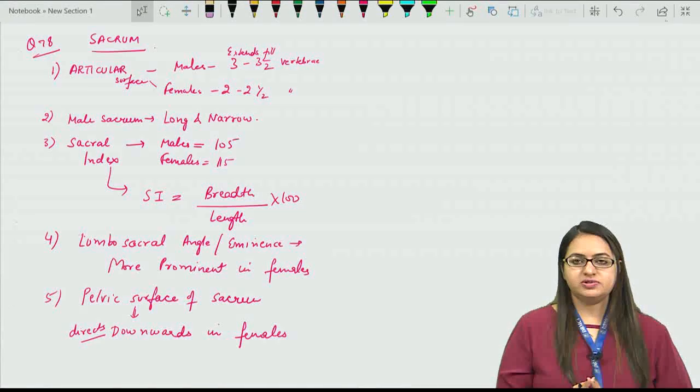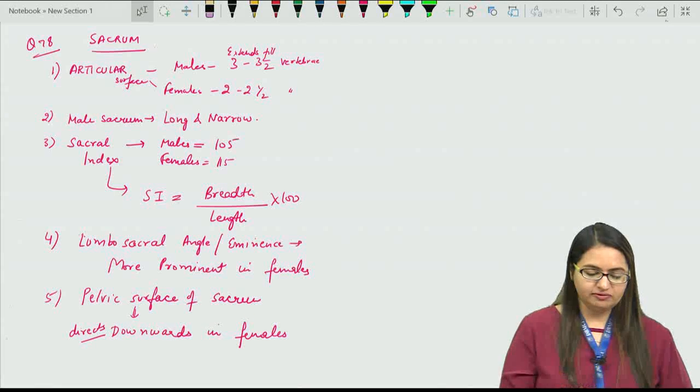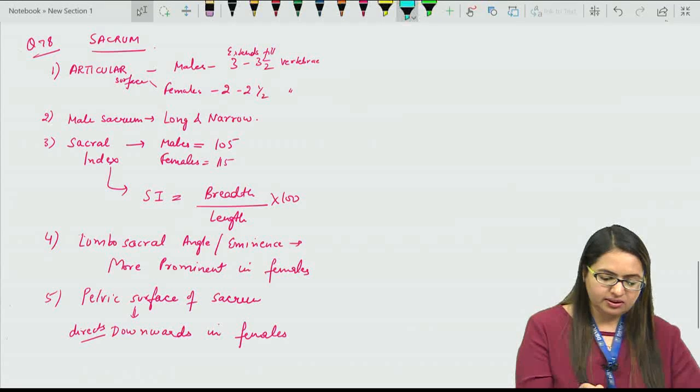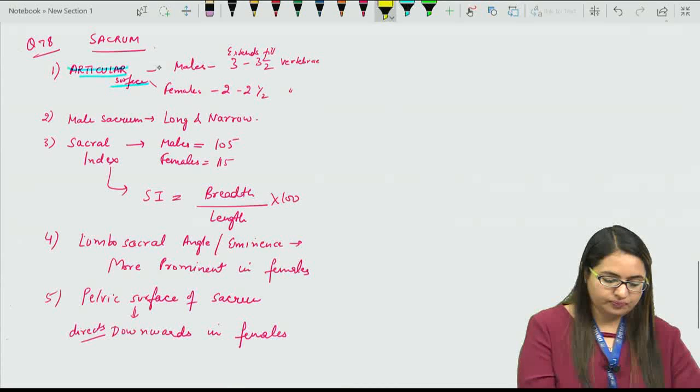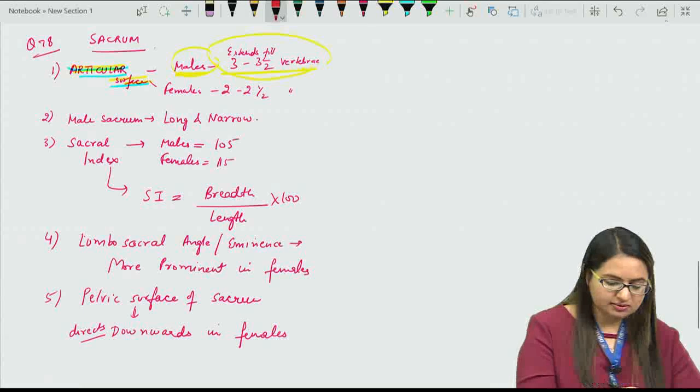So these are the differences with the help of which we can differentiate the male and the female sacrum. And regarding the articular surface, in males it is extending to 3 and 3.5 vertebrae. So the answer for question number 78 is C.